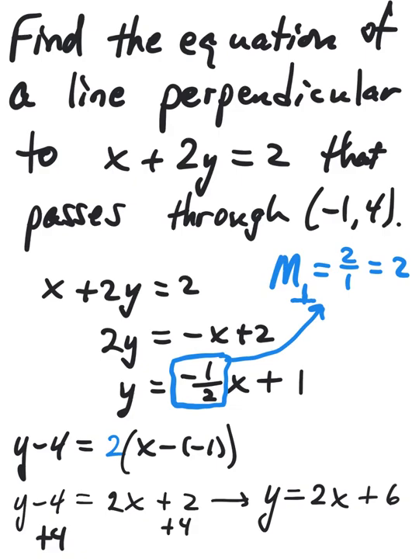Let's graph both of those and visually inspect to see whether or not they're approximately perpendicular via graphing. Okay, on the previous slide, once we isolated y in the given equation, we had y equals negative 1/2 x plus 1.